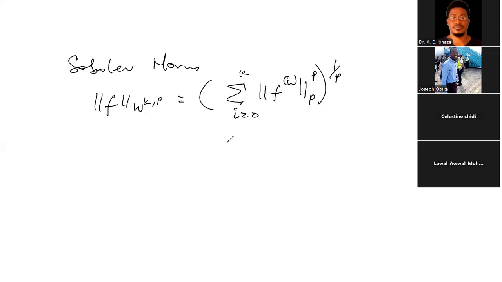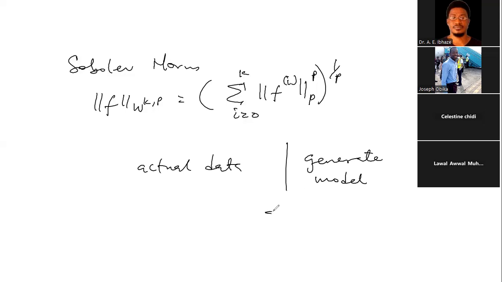So the question you now want to ask is, does that model truly represent that data? Because it's an approximation of that data. So it means that the error margin between the actual data and your generated model must be very small. It should be as close as possible to zero.